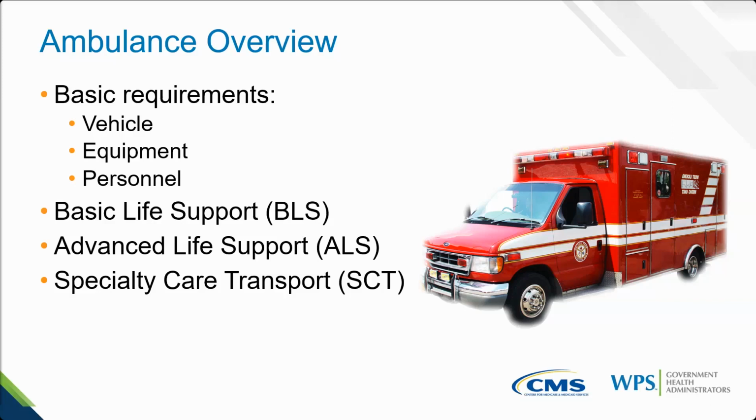A lot of that is incorporated into the licensure process for an ambulance service. So as we go through this and get into enrollment, you're going to notice that we may not be looking for more information regarding especially the equipment and the personnel, other than that license, because the state regulatory bodies are doing those inspections and ensuring that the ambulance service is meeting those requirements.